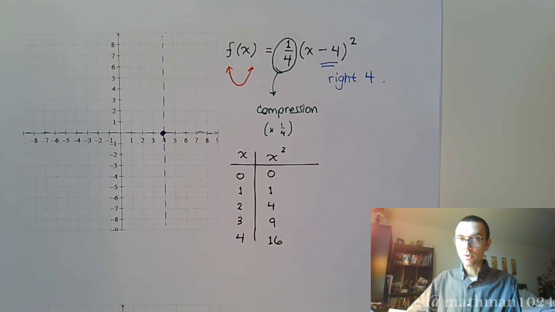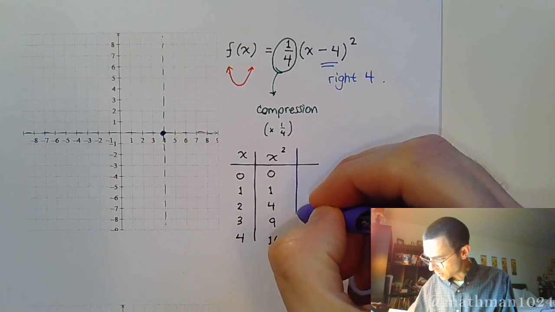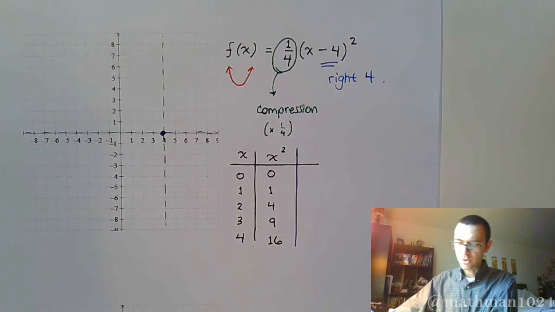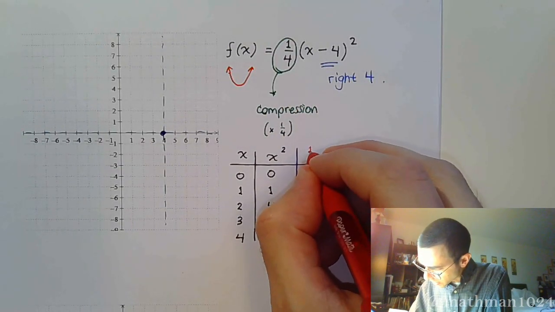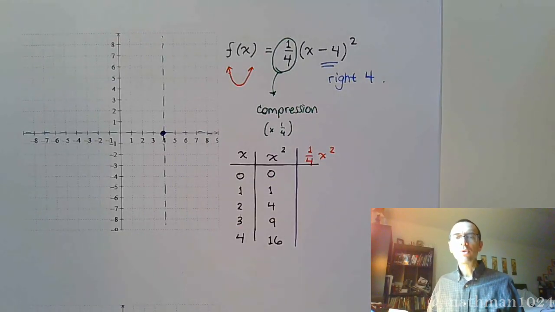However, we have the 1/4. So when I do 1/4, I'm going to do this in red so you can see that a little bit better. When I do 1/4 x squared, the order of operations is you square first and then you divide by 4.